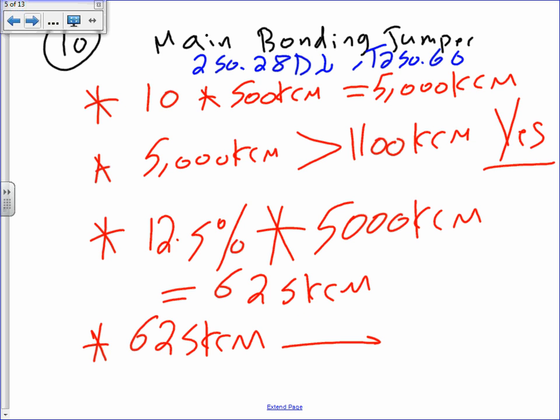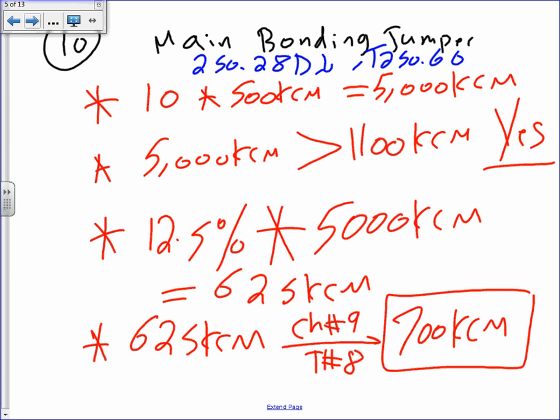So you go to chapter 9, table 8, to find the standard. The next standard after 625 is 700. Probably a lot of people know it's 700, but the rule is 700 KCM.